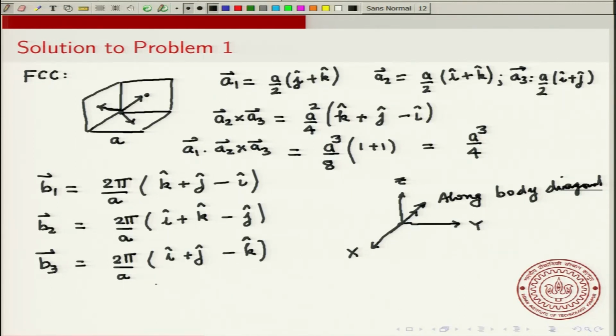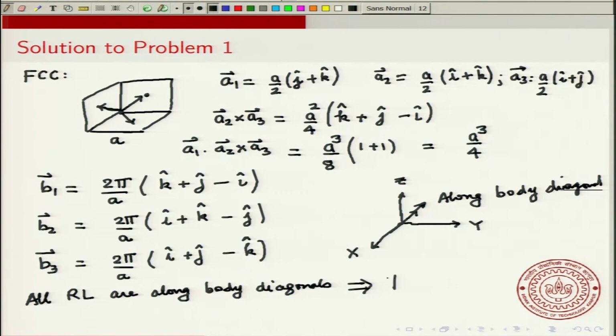So, this basically says that all reciprocal lattice vectors are along body diagonals. This implies the reciprocal lattice is BCC, okay. So, the reciprocal lattice of FCC is a BCC lattice.